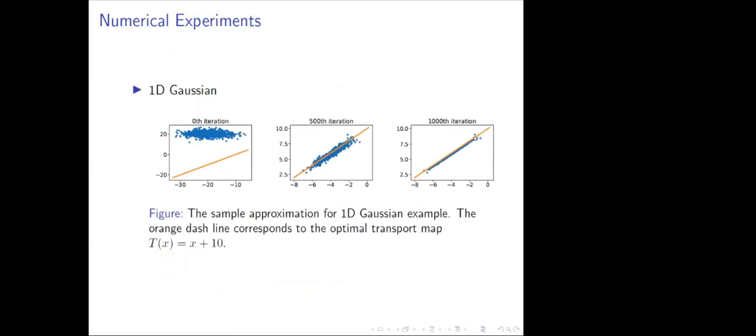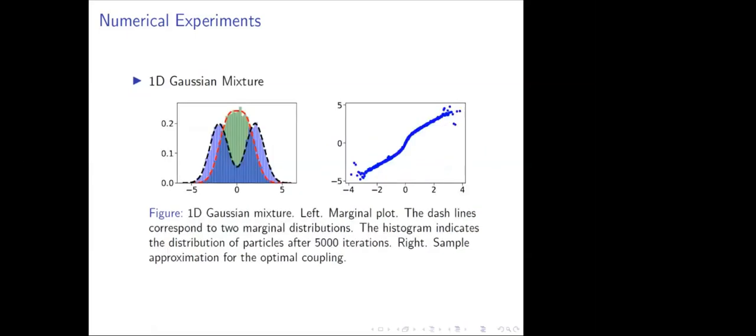We start with some initialization, and after 1,000 rounds, we have this nice optimal plan. All the particles concentrate around this orange line, which corresponds to the optimal transport map. According to our setting, the optimal map is just given by this linear map. For the second experiment, we try a slightly more complicated case, a 1D Gaussian mixture.